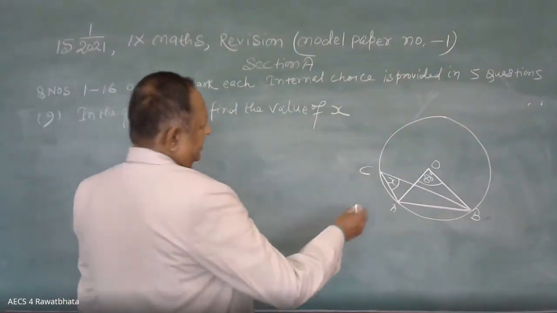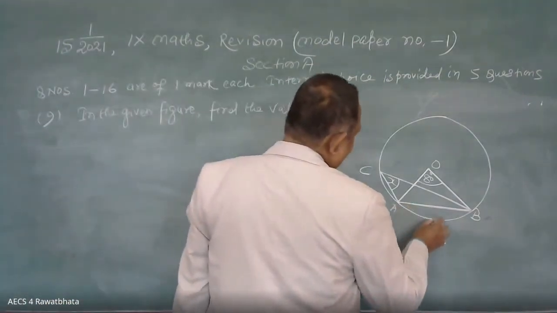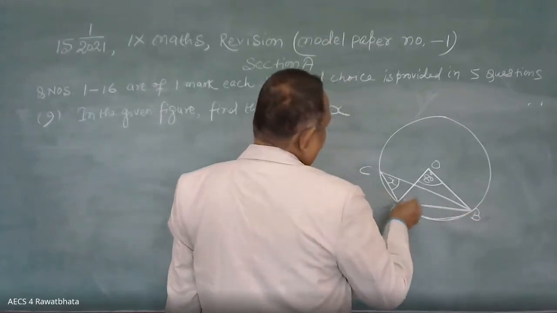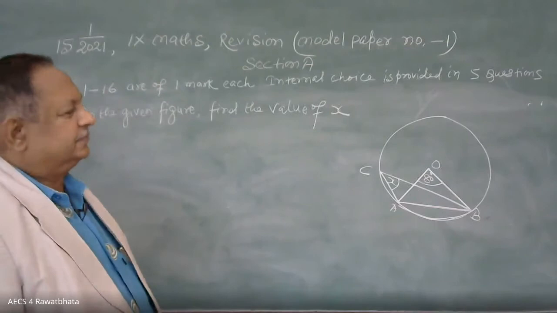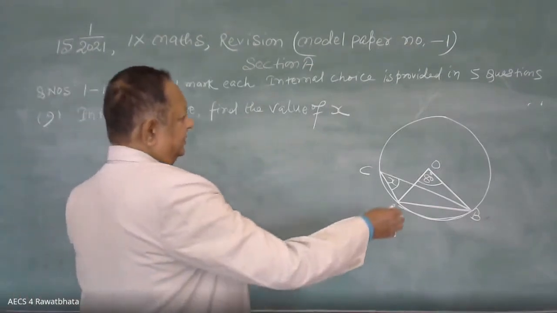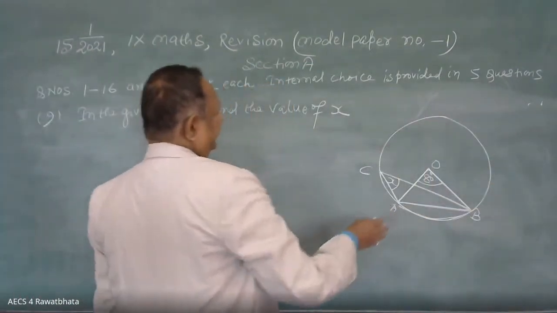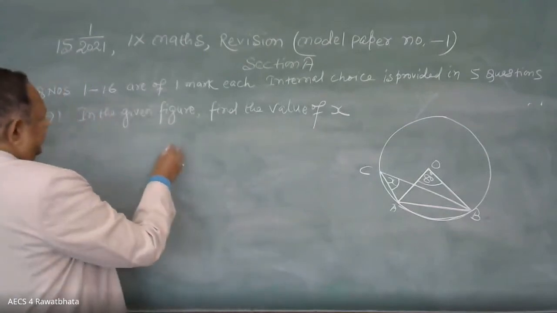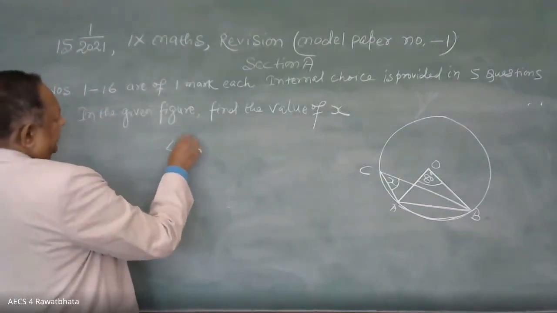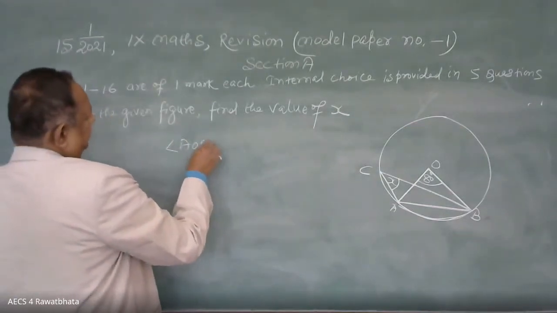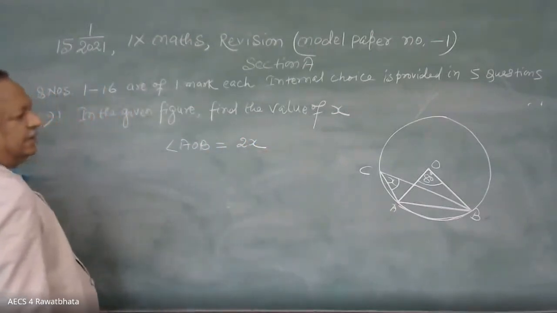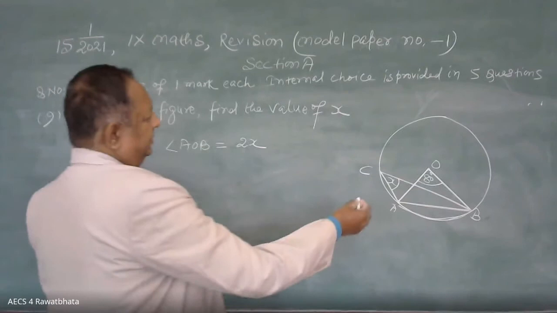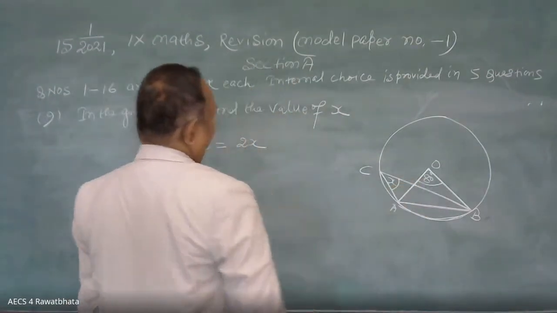So, the angle subtended by an arc at the center of the circle is double the angle subtended in the alternate segment. So, angle AOB will be equal to 2x. This angle will be double of this angle.